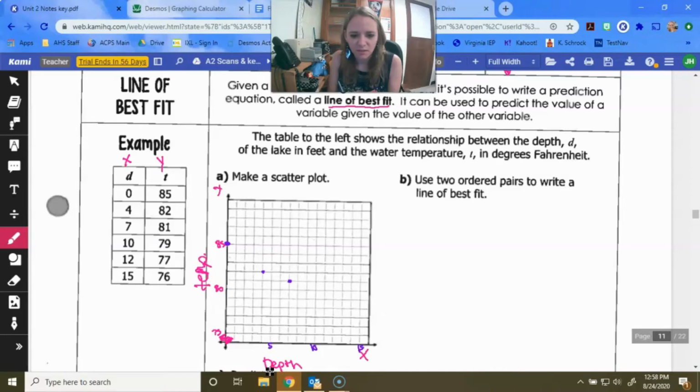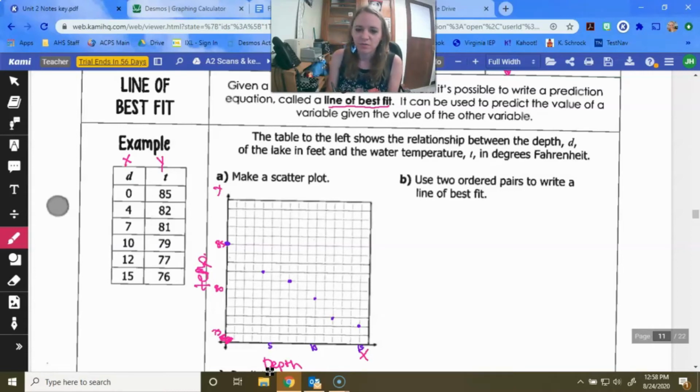And 10 and 79. 12 and 77. And 15 and 76. Okay. Alright, there is the scatter plot.